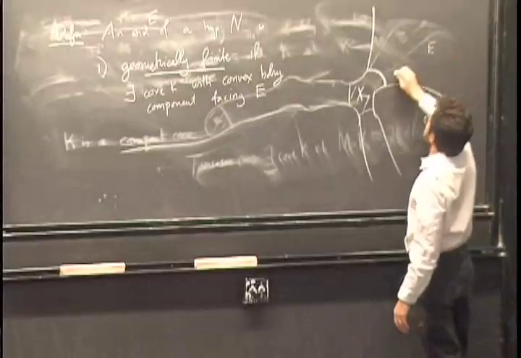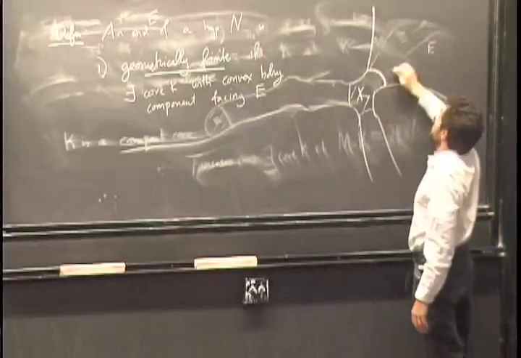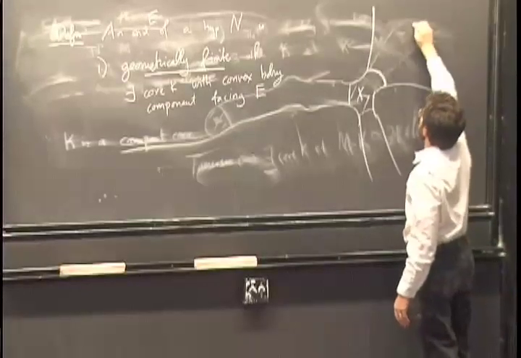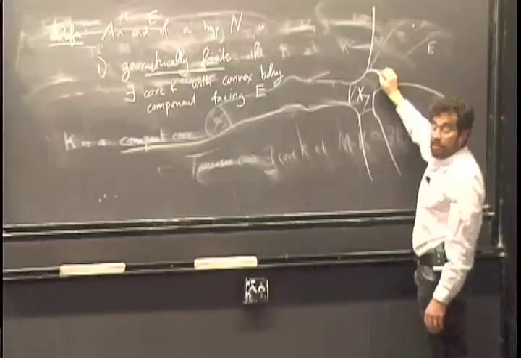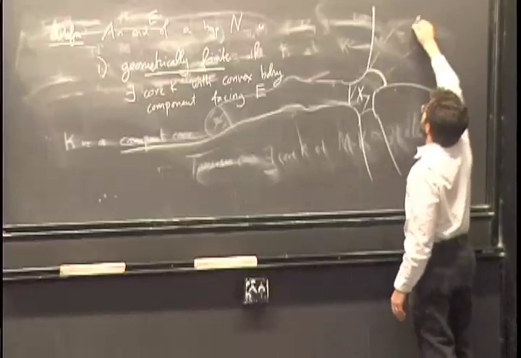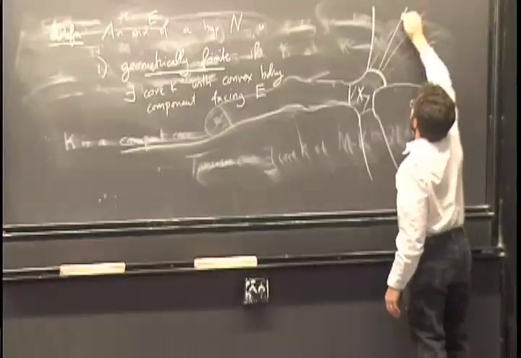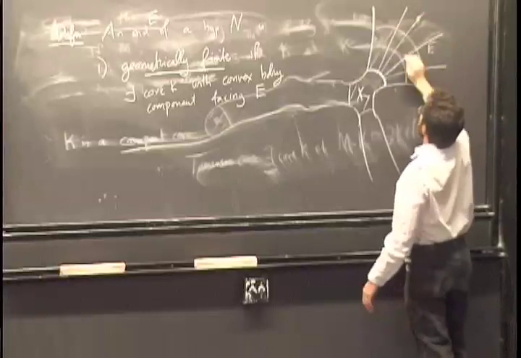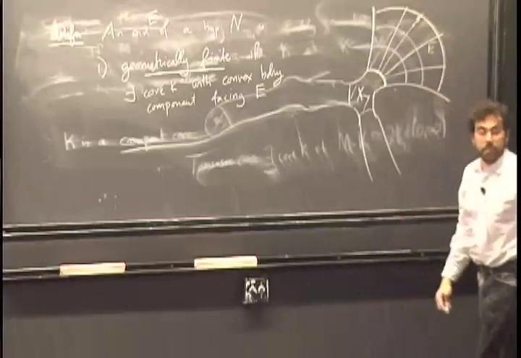What happens in this case is that convexity tells you that if you look at the distance function from a point here to the boundary, the gradient flow for this distance function gives you a foliation by gradient lines and by equidistant surfaces. So there's a natural product structure on a geometrically finite end.